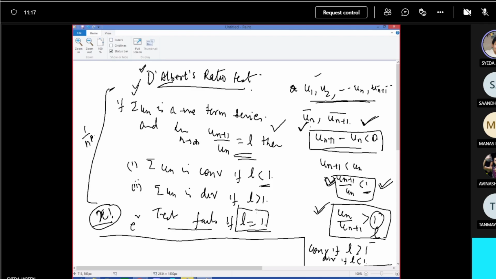Another test I will explain later. What test you have to switch to? It is the extension of ratio test, that is called Raabe's test. In that part also you will have an expression similar to this expression with some term added to it.